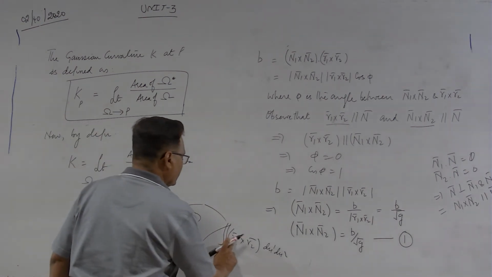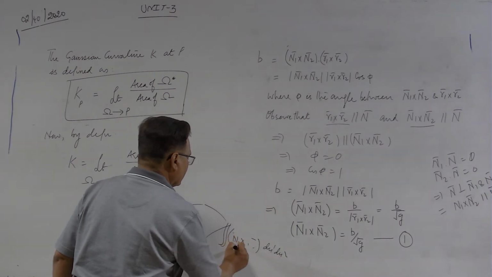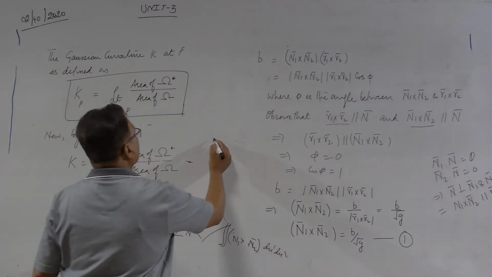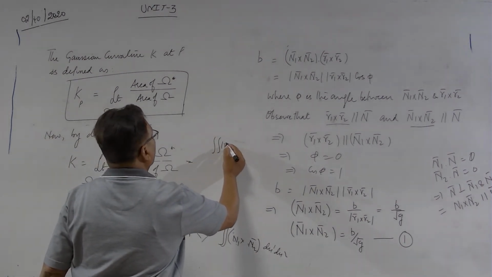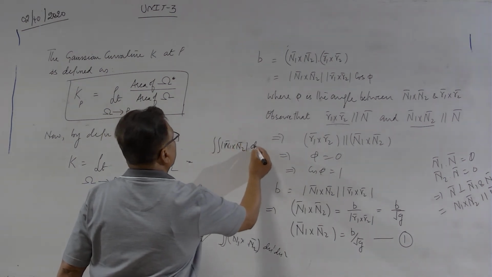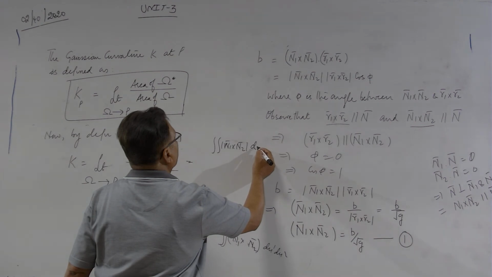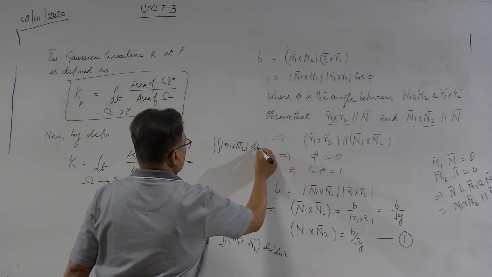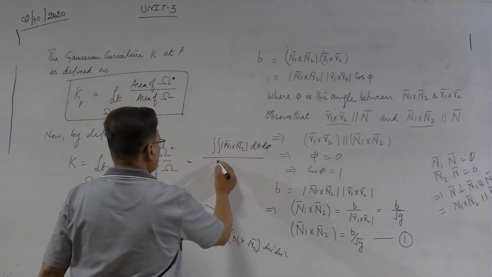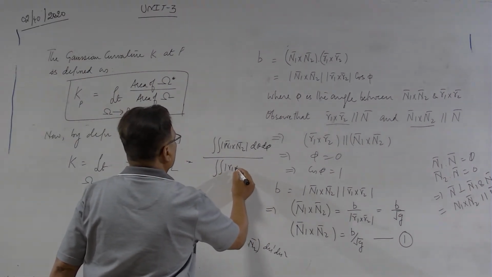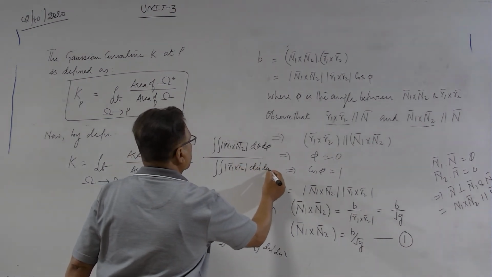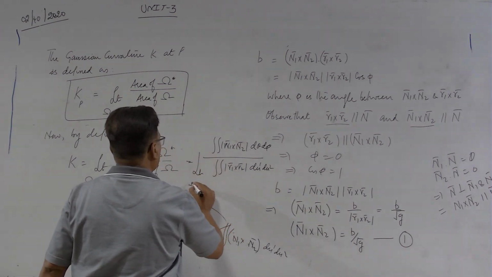So, the area will be replaced by n1 cross n2. So, on the sphere this area will be double integral of modulus of n1 cross n2 into whatever the parameter is, d theta d phi whatever, okay. And over here it will be modulus of r1 cross r2 into du1 du2, the limit omega tends to p.